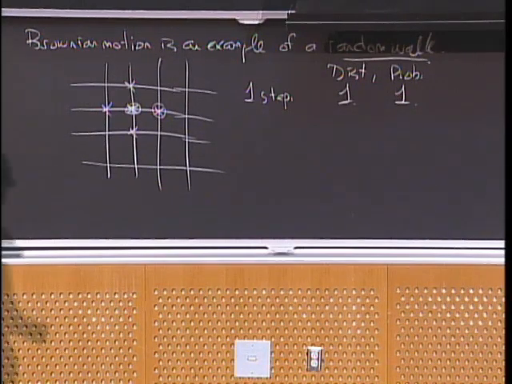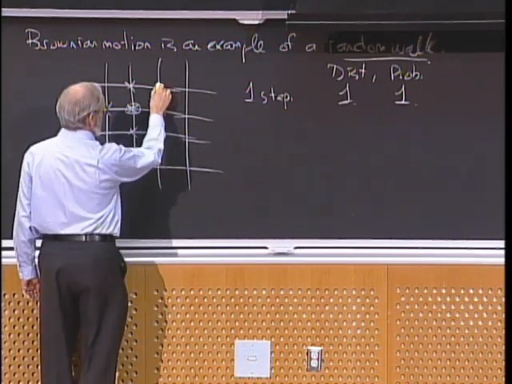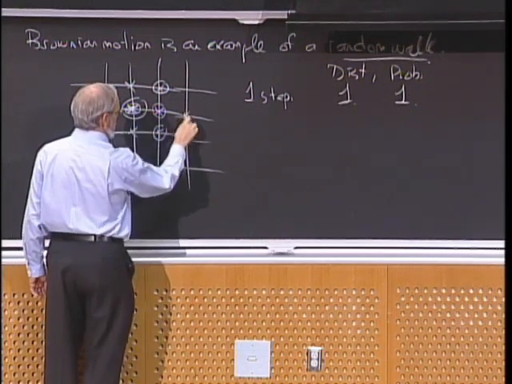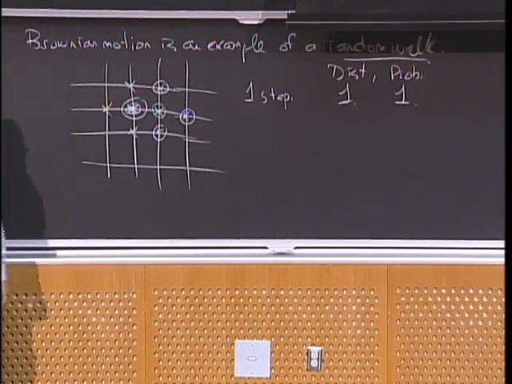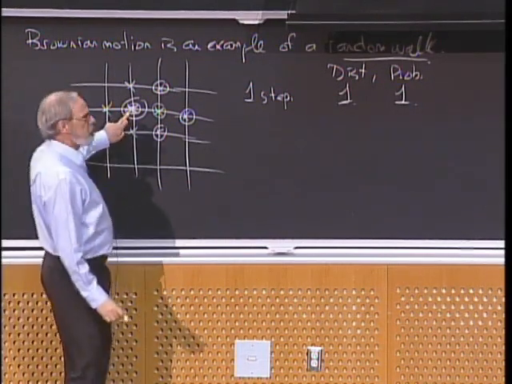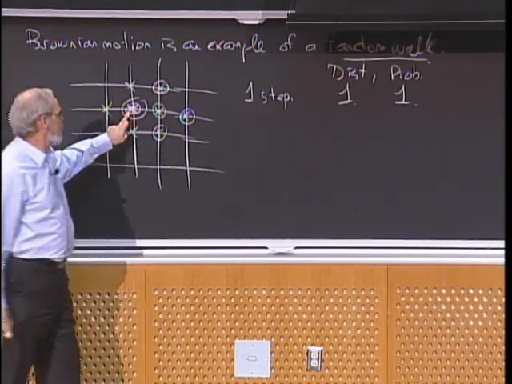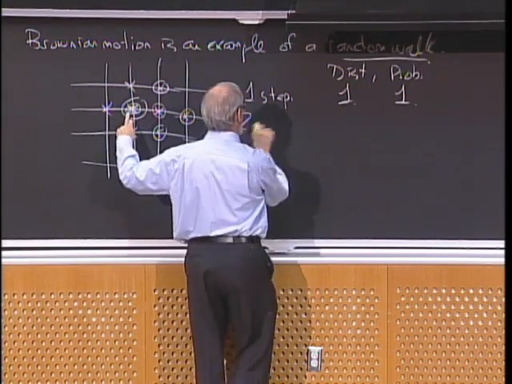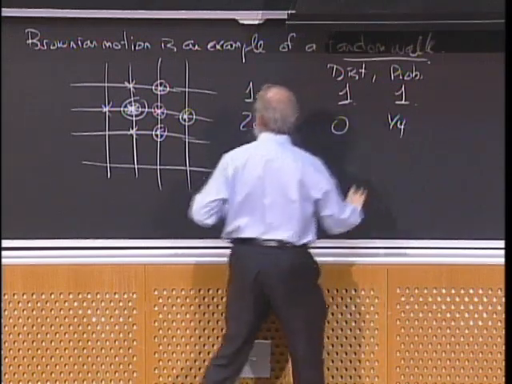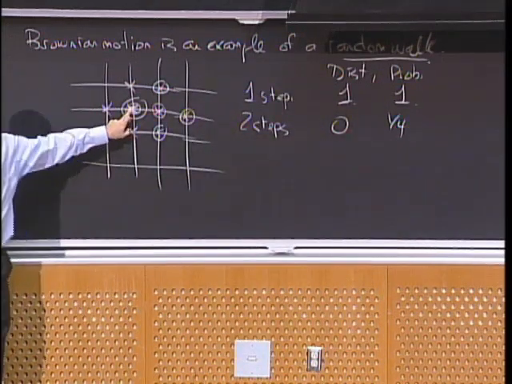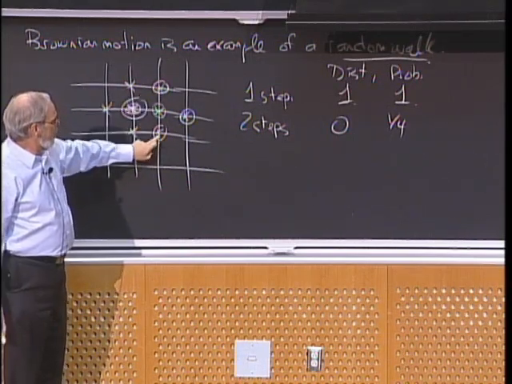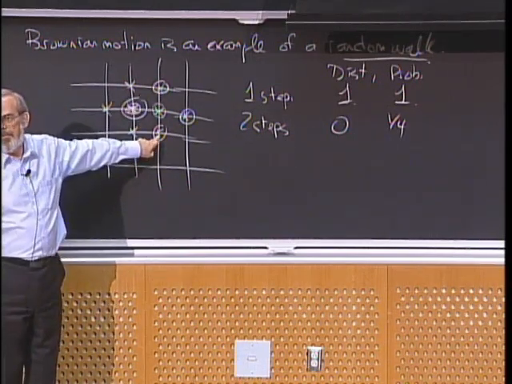And a second step, where could the student go? Could go there, could go there, could go there, or it could go there, right? So what are the distances here? Well, in 1 out of 4 cases, it's at a distance 0, which would be back to where we started. If it goes there or it goes there, those are both what distance away?